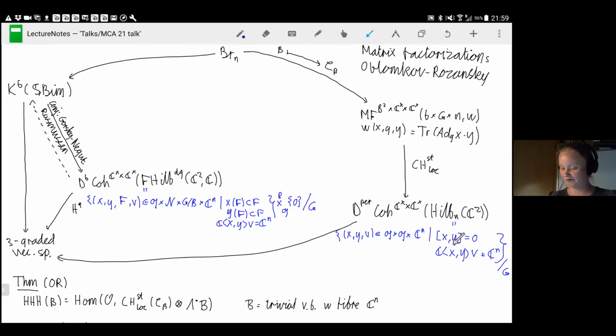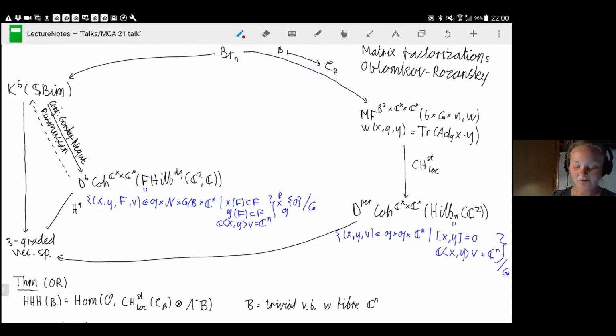You could have imposed this condition in the same way here, but since this space is so nice, it turns out to be the same thing. But it matters on this space, whereas it didn't matter here. All right, so now let's see how we can relate these things.